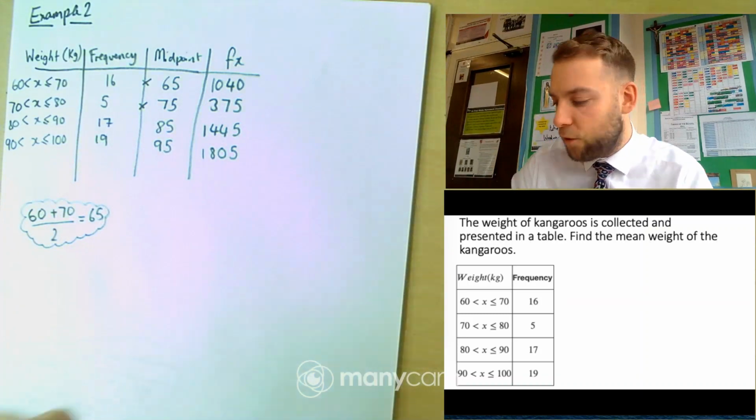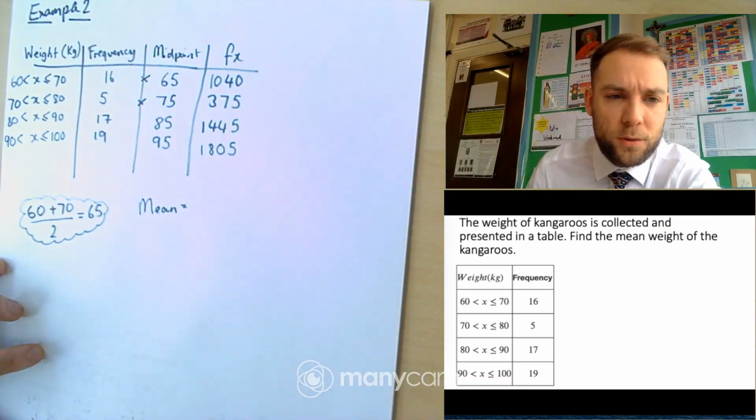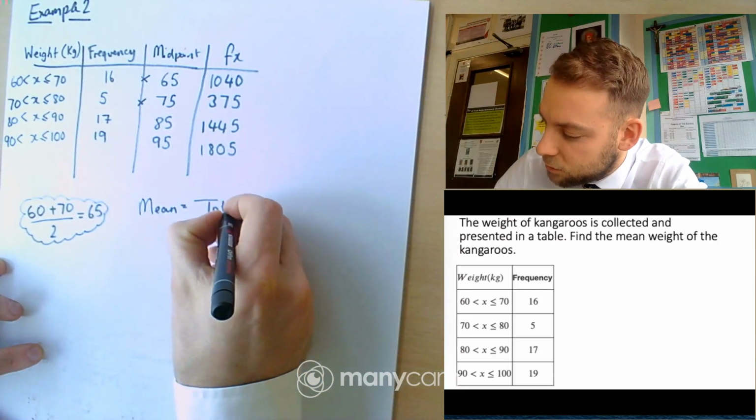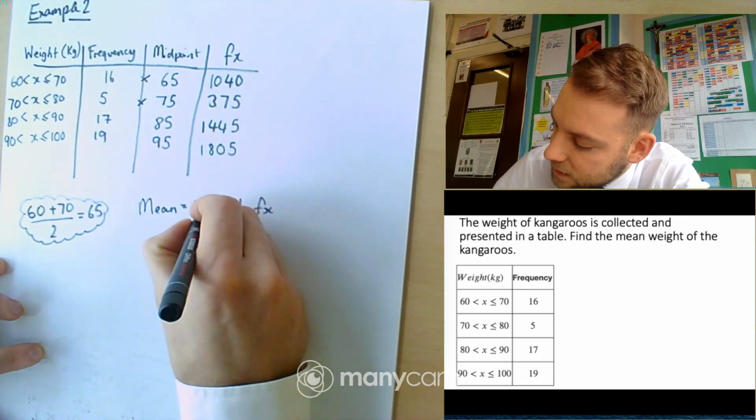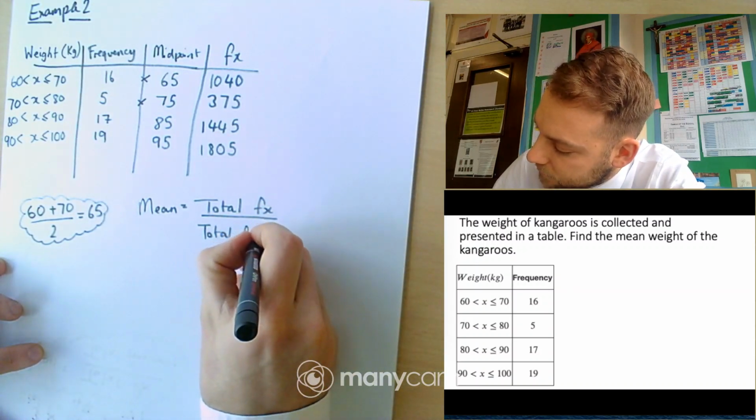And going back to that formula we had before, the mean is equal to your total FX divided by your total frequency.